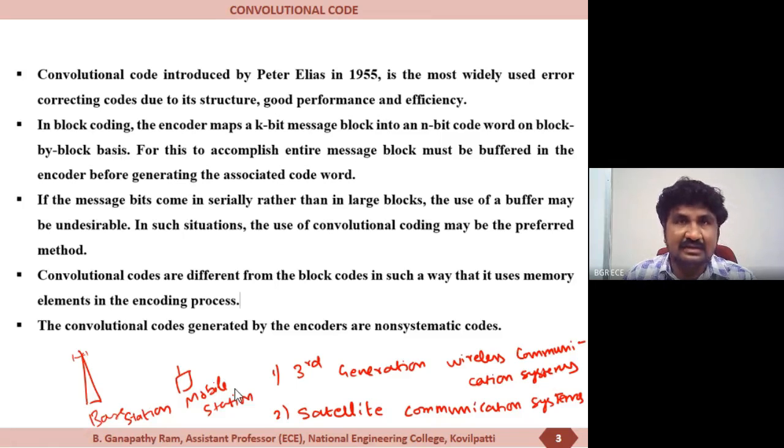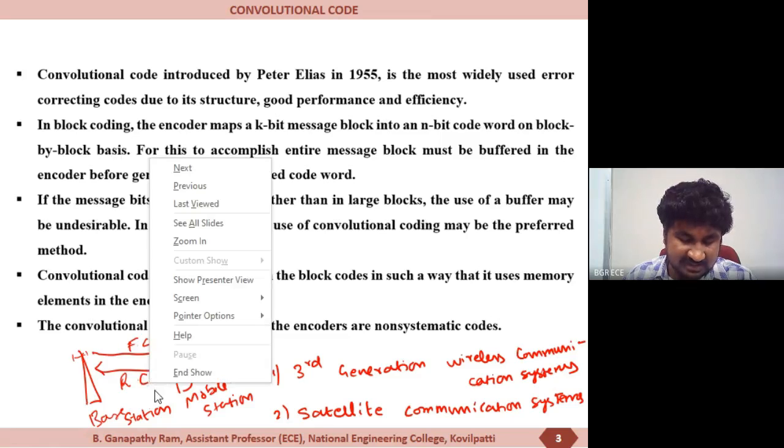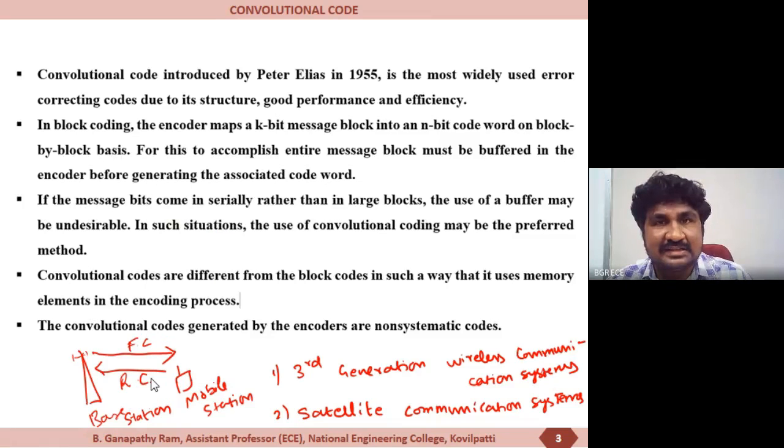The channel which is used to transmit the information from the base station to the mobile station is called the forward channel, and the transmission of the data from the mobile station to the base station is called the reverse channel. In third generation communication systems, both the channels used convolutional encoding, but later on in fourth generation communication systems, it has been replaced by a good performing scheme called low density parity check code.